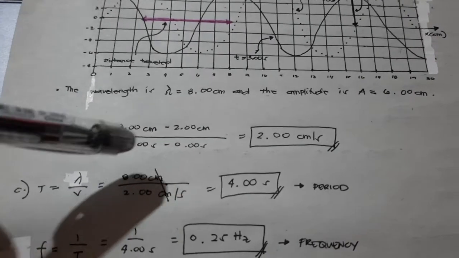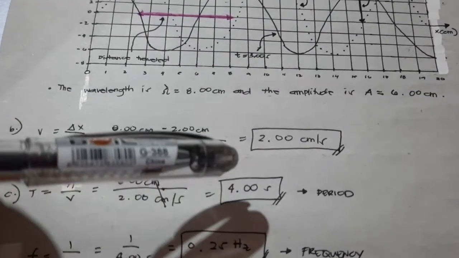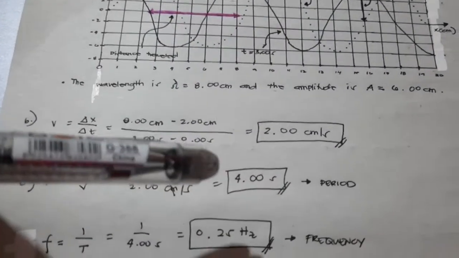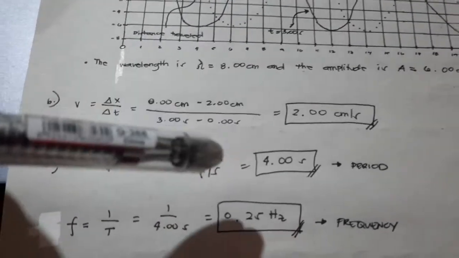So 6 divided by 3 is 2 centimeters per second. That is the propagation velocity of the wave.